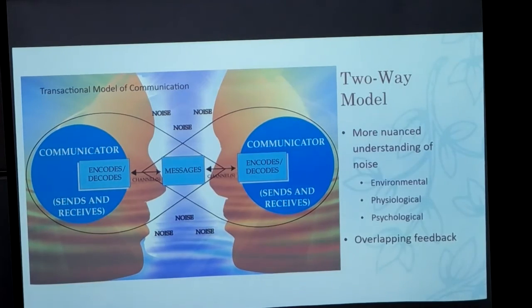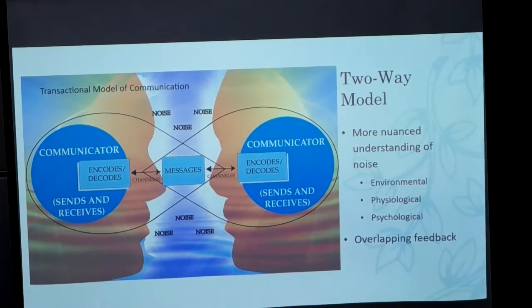On page 9 in your text, it states that the transactional model builds on the linear and interactive models by recognizing that in many communication instances, the speaker and the listener are simultaneously, meaning at the same time, encoding and decoding messages within an environment that includes the context of the situation, as well as the personal and cultural backgrounds of the communicators.